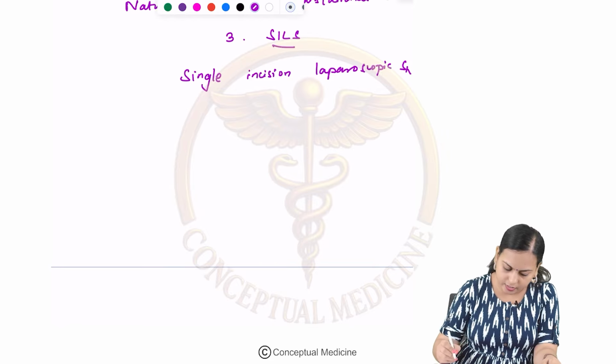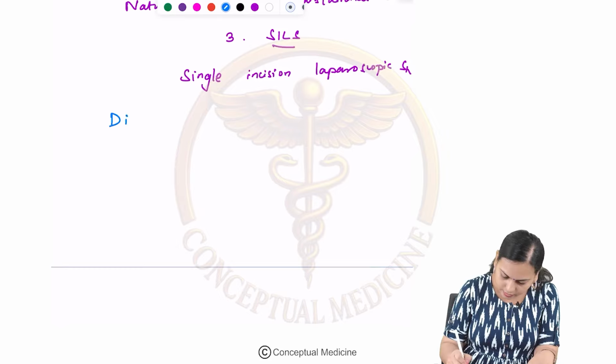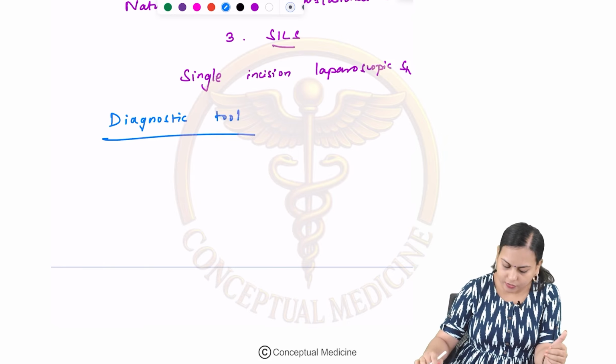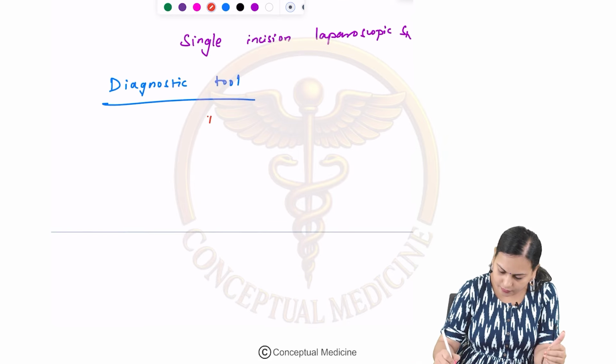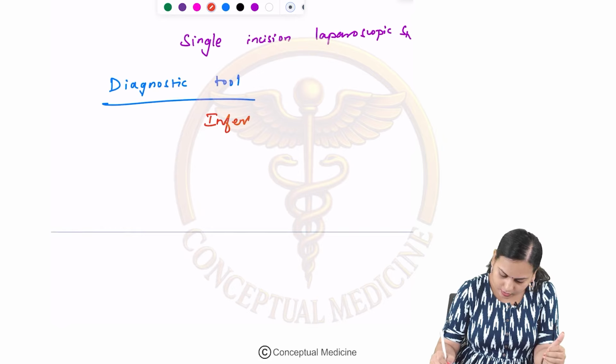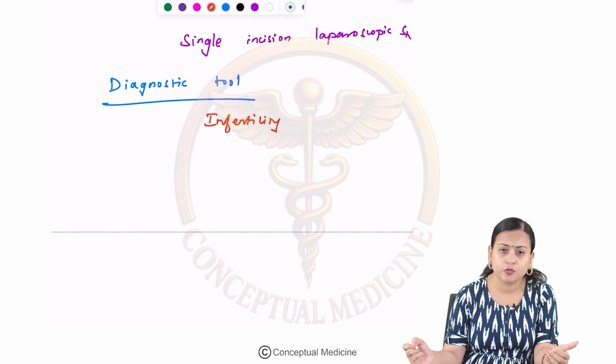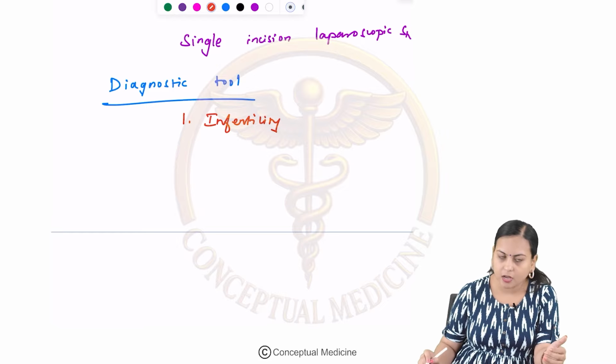Okay, right. Then diagnostic tool. Purpose of laparoscopy is used in case of infertility. We will be able to find the status of the fallopian tube, whether it is mobile or not, like that. Okay, any adhesions are present.